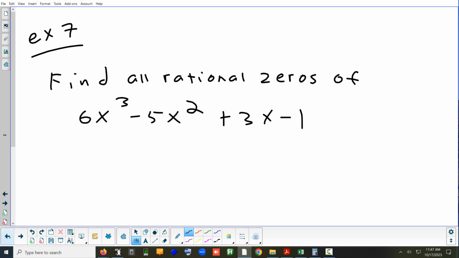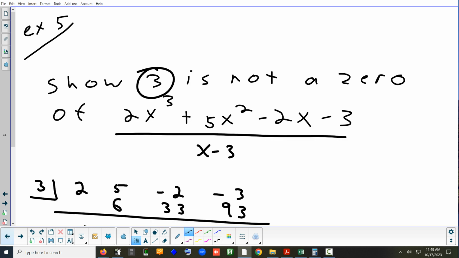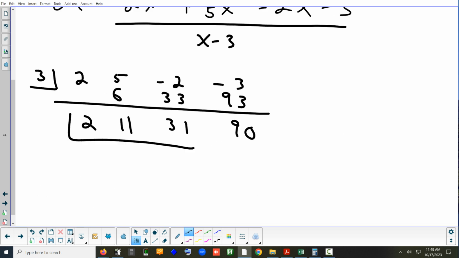So tomorrow, when we do imaginary ones, if you don't do synthetic division, you won't have something to plug into the quadratic formula, because it won't be a quadratic, it'll be a cubic. And notice, each time you started with a cubic and you ended up with a quadratic. Same thing here.